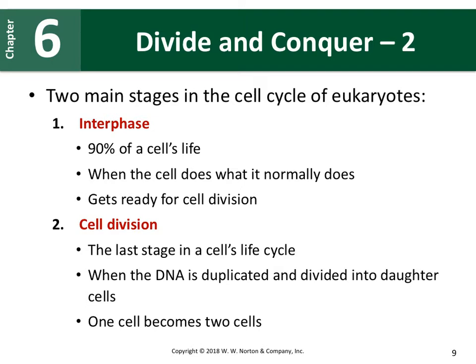And then the last phase of cell division in mitosis is the last stage in the cell's life cycle, where the DNA has to be duplicated and divided into daughter cells, and one cell becomes two, as I've kind of shown in the past, but we'll get into it more specifically.